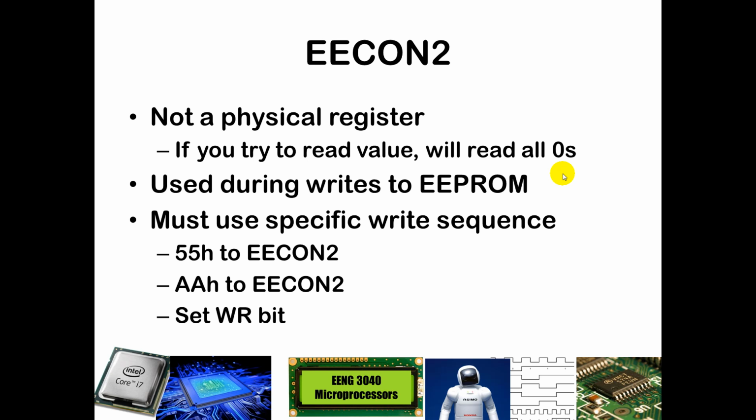So the PIC has this control sequence that you have to go through. Otherwise, you may just accidentally write to the EEPROM. This actually makes it a little bit more challenging. And as far as I know with this particular PIC, that's the only thing you ever really write to EECON2. You can't read it. If you do, you'll just get all zeros back, but it won't give you a value. And so the only thing you ever write to it is this 55 and AA.